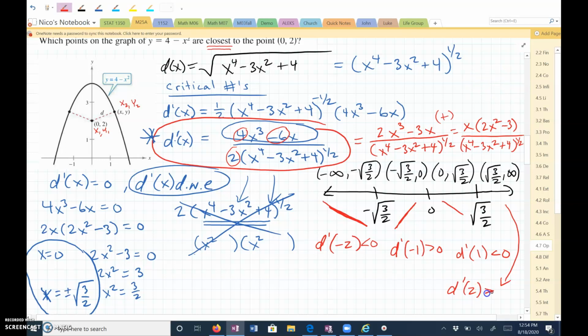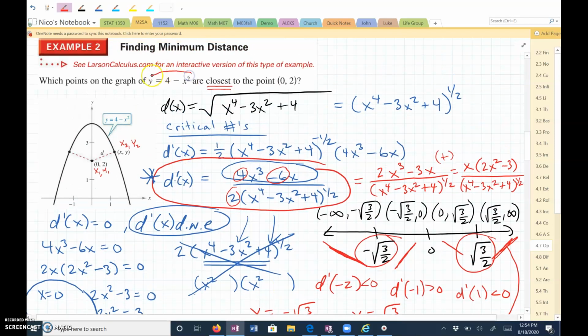So that's going to be greater than 0. Which means here and here, you have a relative min. Then to figure out the corresponding y, you need to plug that in here.